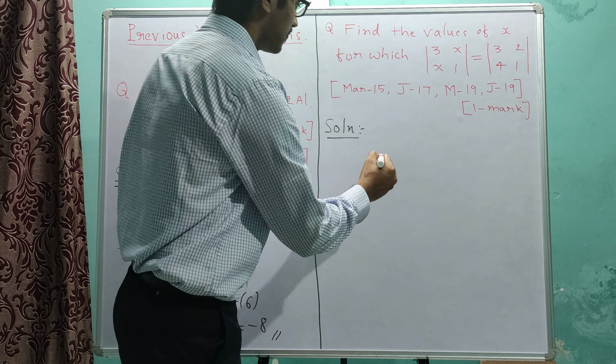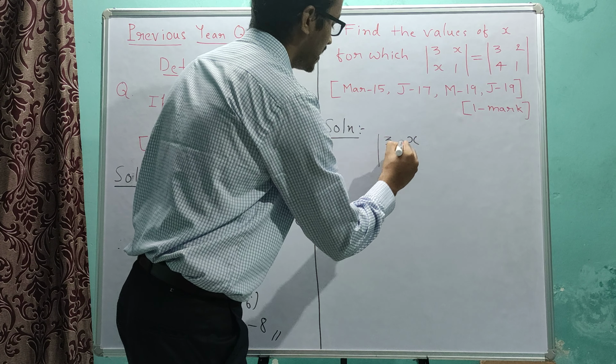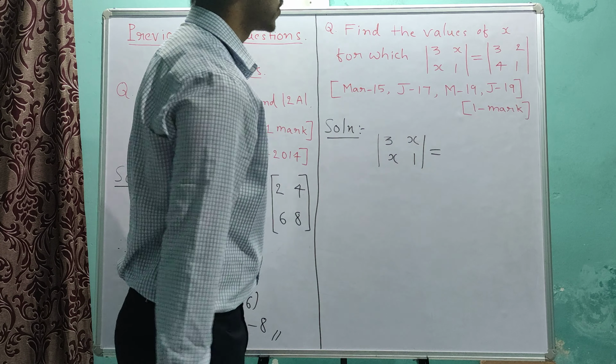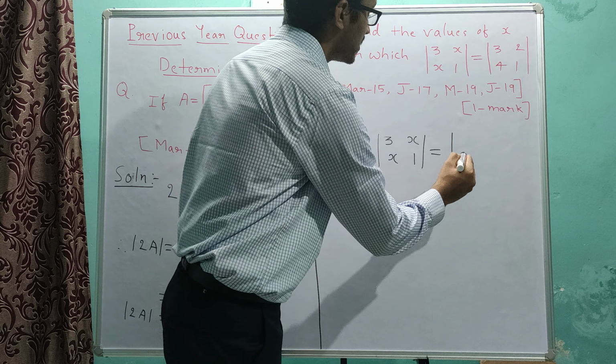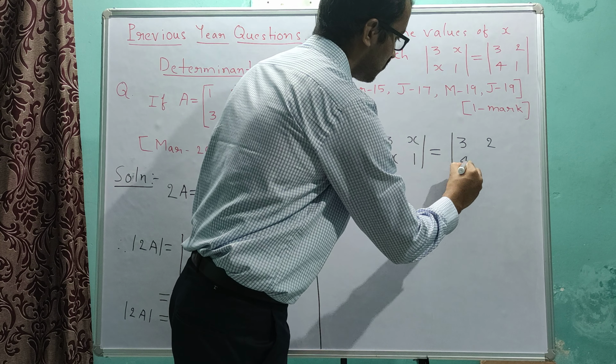Given the determinant of 3, x, x, 1 is equal to the determinant of 3, 2, 4, 1.